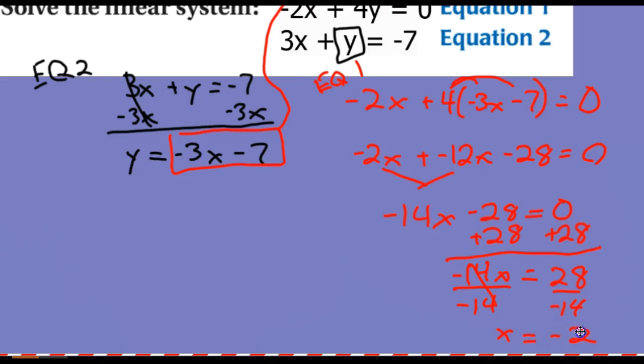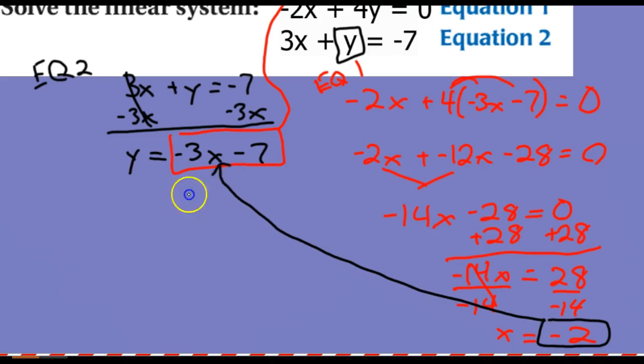So now we can take this negative 2 and plug it right back into our original equation. So if x equals negative 2, I'm going to plug that negative 2 right back in there to find y, and y equals negative 3x. Oh, instead of x, though, we can put negative 2, minus 7.